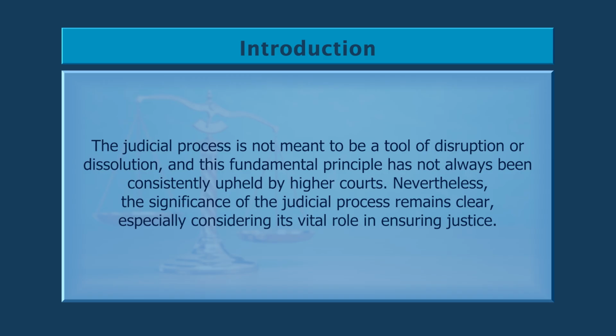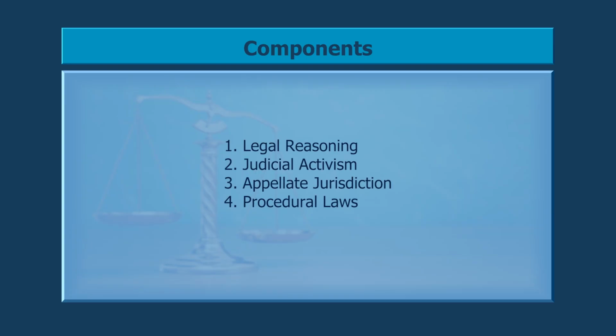Nevertheless, the significance of the judicial process remains clear, especially considering its vital role in ensuring justice. The judicial process in India is complex and consists of various components, including first is legal reasoning, second judicial activism, third appellate jurisdiction, fourth procedural laws.